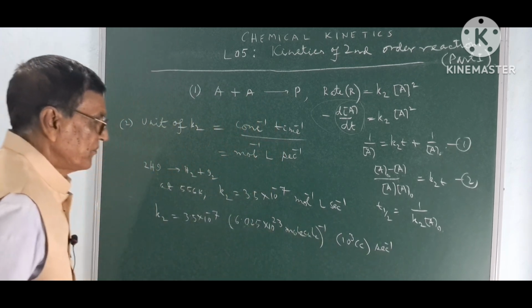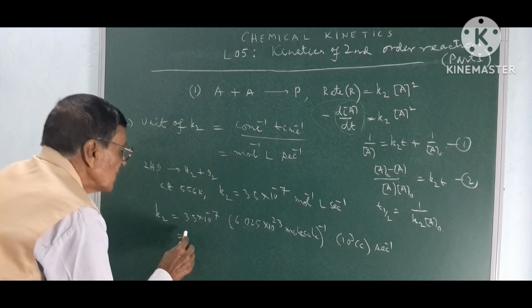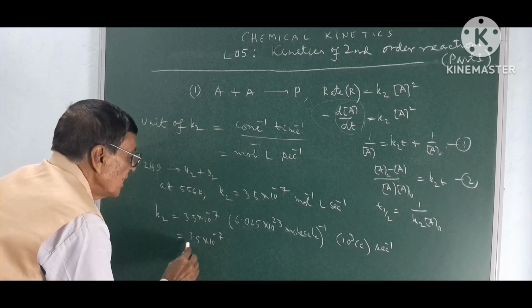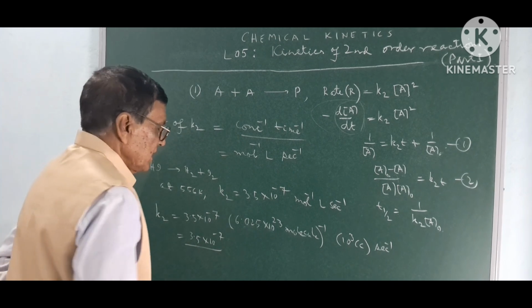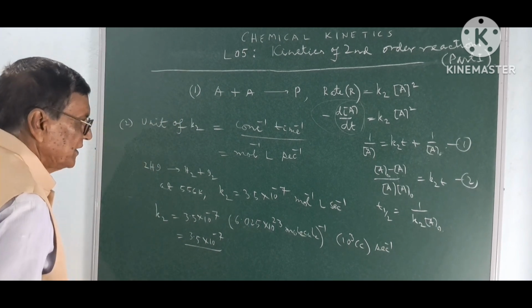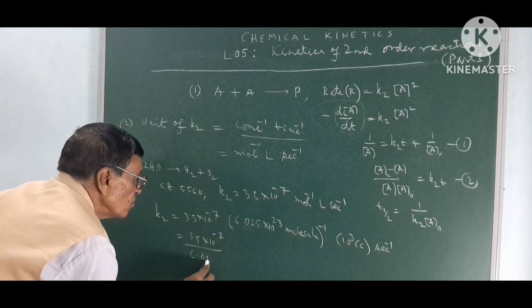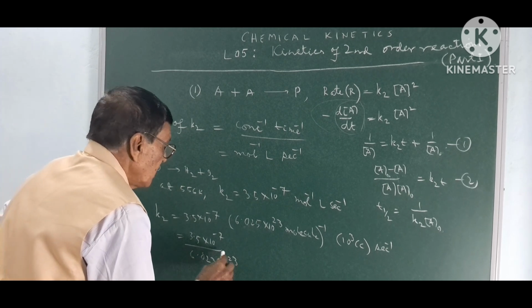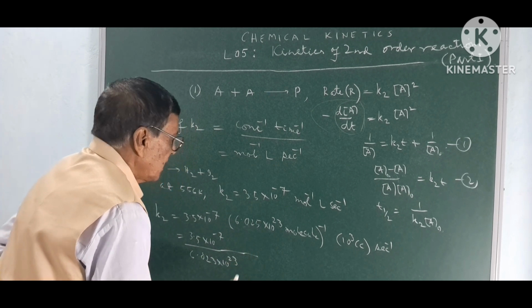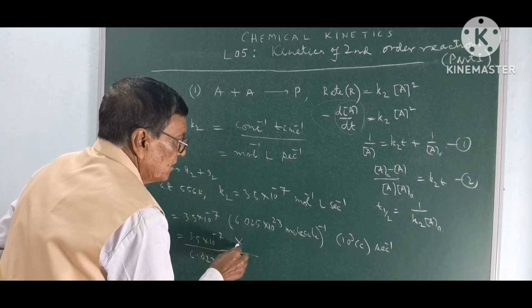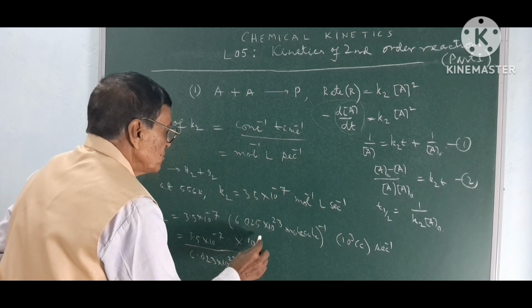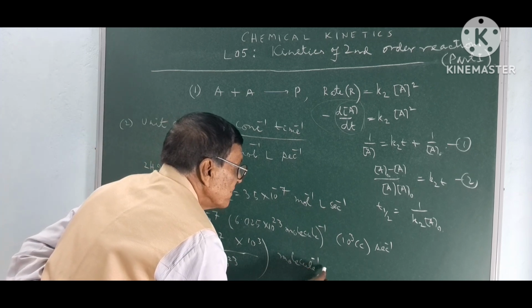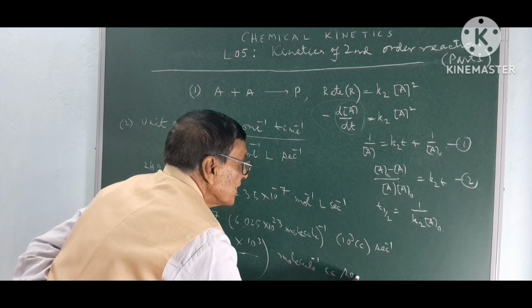If we do this, then it will be 3.5 into 10 to the power minus 7 divided by 6.023 into 10 to the power 23 into 10 to the power 3, and the unit will be molecule inverse cc second inverse.